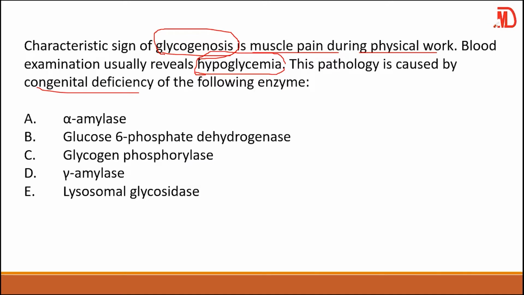Now we are saying that glycogenosis or glycogen storage diseases is when there is a problem either with glycogen synthesis, that is how it is stored, or glycogen breakdown. If you have stored something, it is saved.